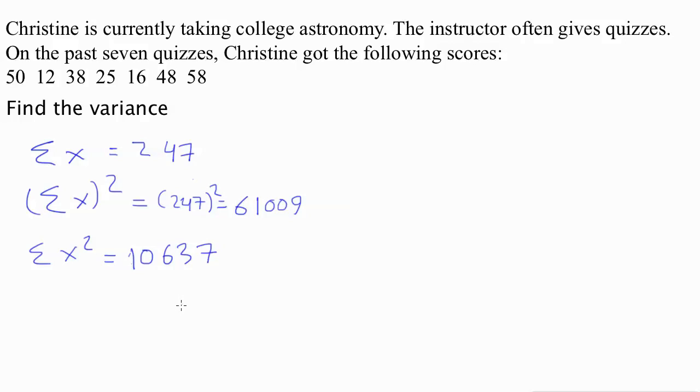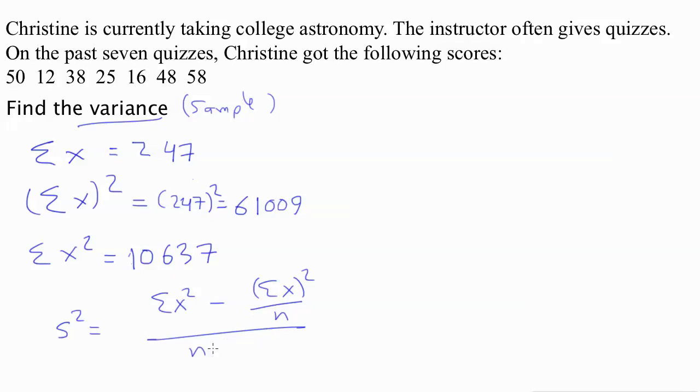Now it's time to put them into the formula. In this case, remember, this is going to be a sample variance, right? So the formula will be s squared equals sigma x squared minus sigma x all squared divided by n, and then I divide by n minus 1.